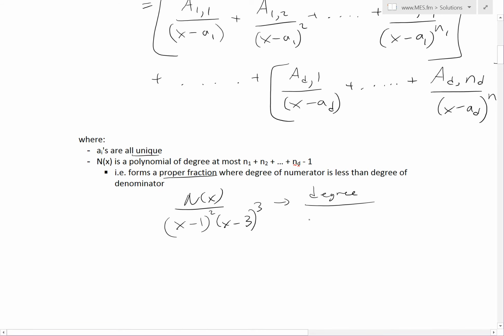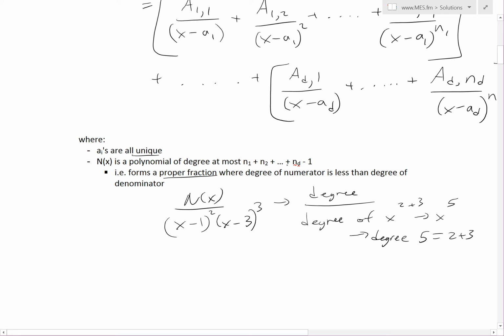This is going to be x squared, then plus x cubed, so we're adding these two up, which is x to the 5, or a degree of 5. And that equals 2 plus 3.